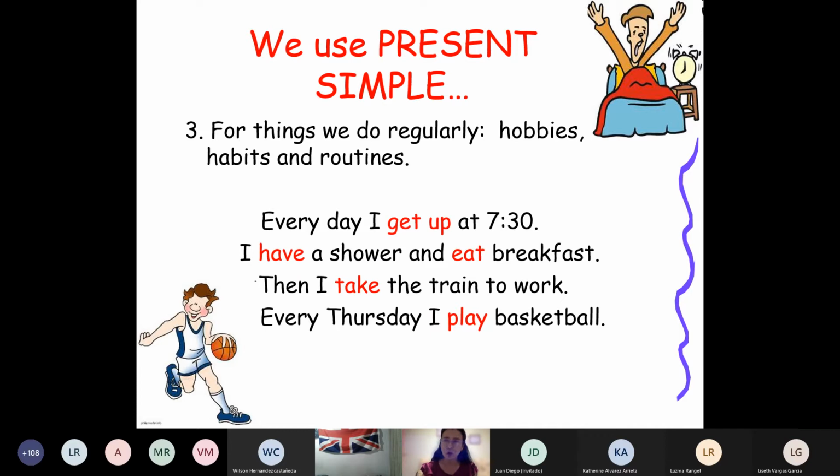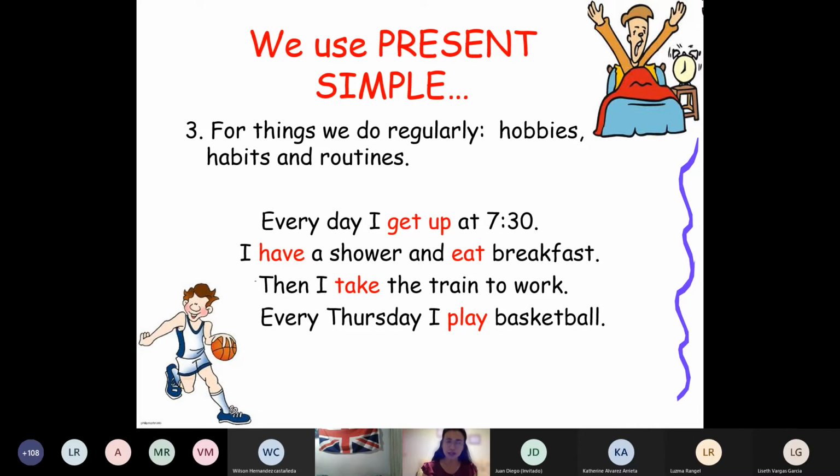For example, hobbies, pastimes, habits, and routines. Every day, this is an example of a routine. Every day, I get up at 7:30. I have a shower and I eat breakfast.